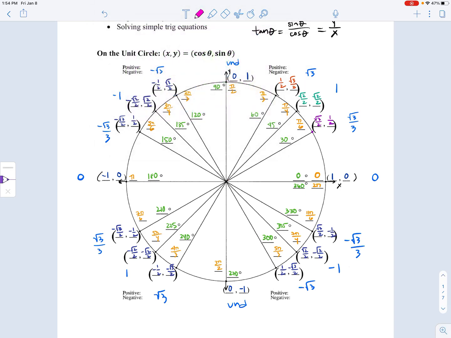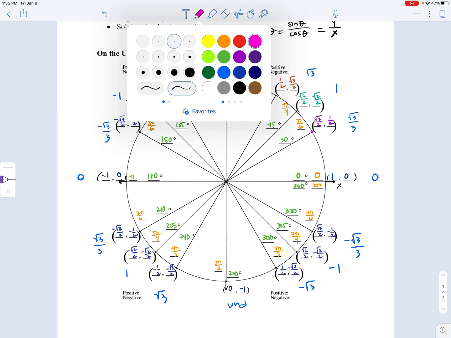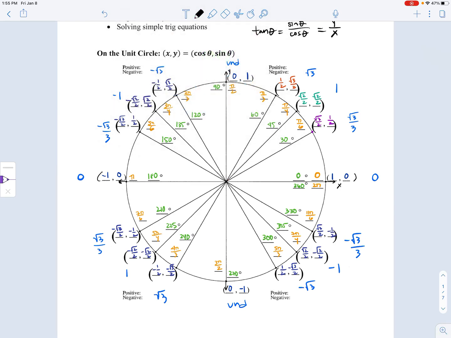Okay, it can also be helpful to just quickly be able to identify which of the trig functions are positive versus negative in which quadrant. And if you've had me before, or if you had me last year, I have the little saying, which goes in the same order that the quadrants are numbered in.